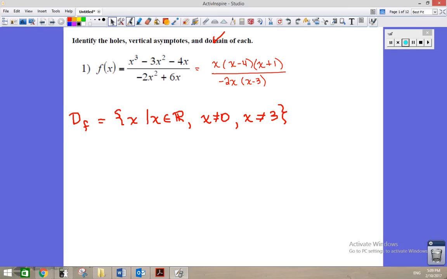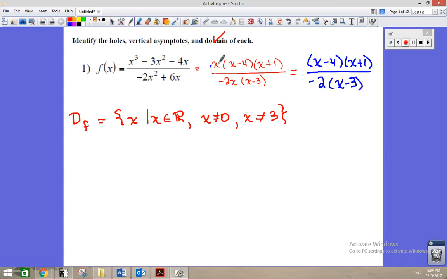So I claim that we can reduce this fraction, that both the numerator and denominator share a common factor of x. All right, so let's change colors. This reduced function is x minus 4 times x plus 1, over the -2 down here times x minus 3.